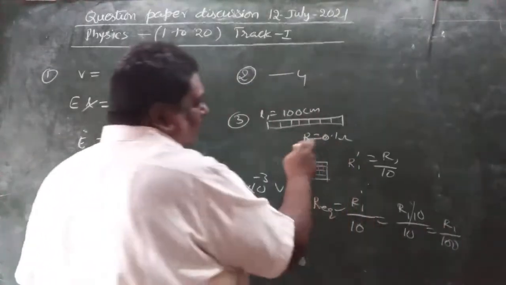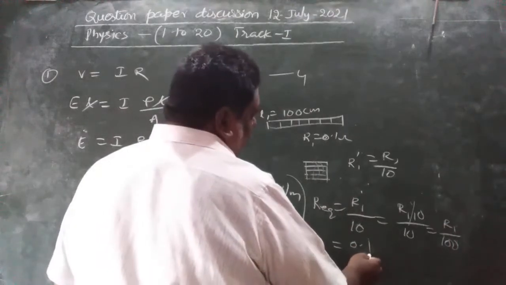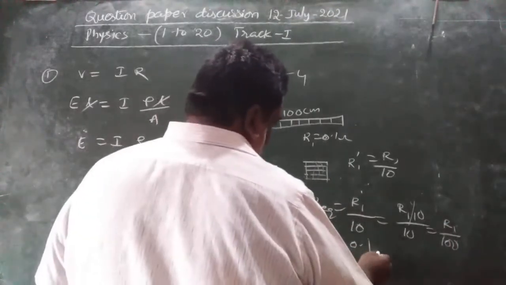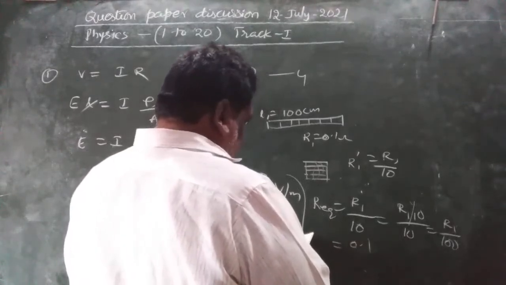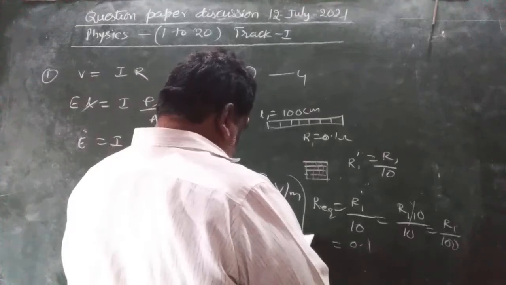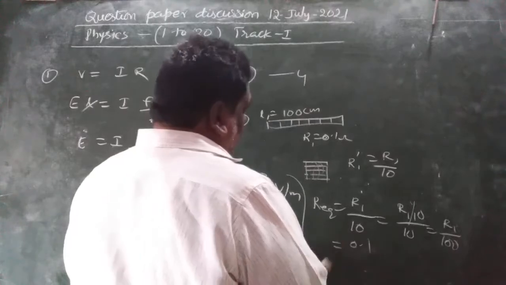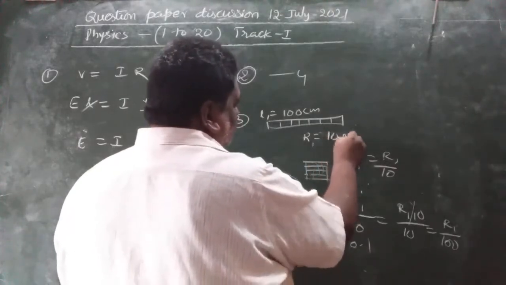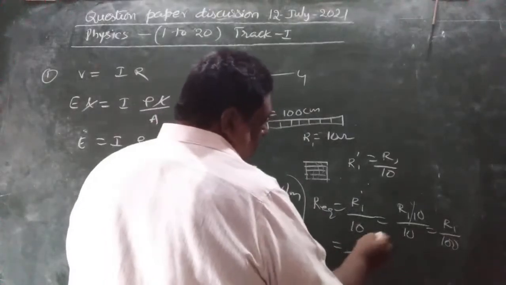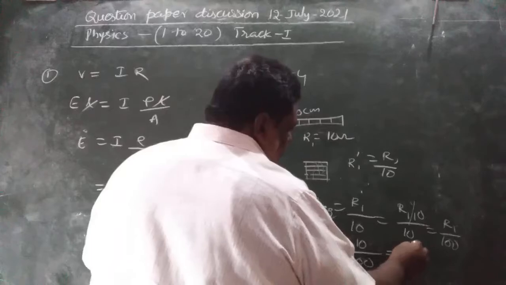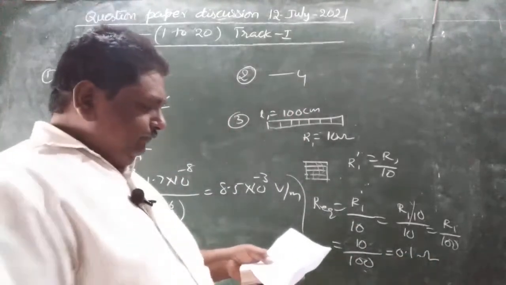Okay, sorry, R1 is given as 10 ohm. Therefore, 10 by 100, 0.1 ohm.